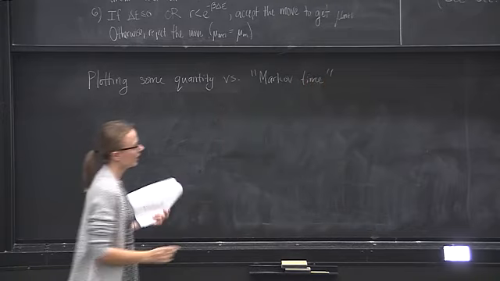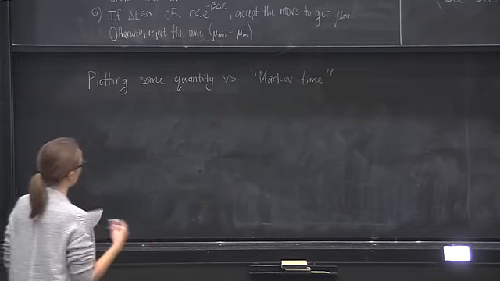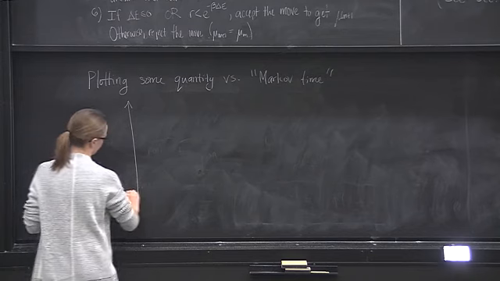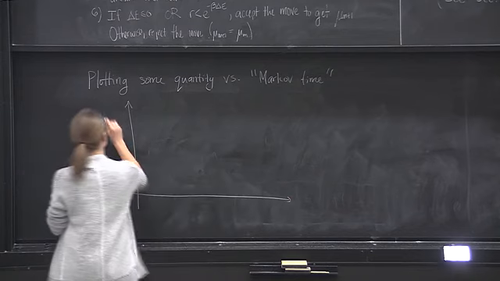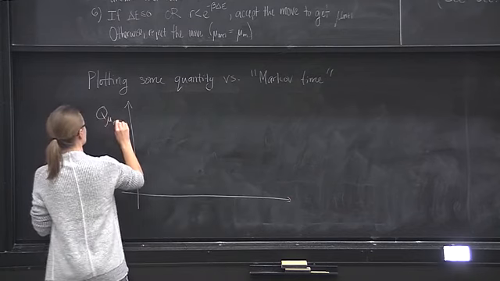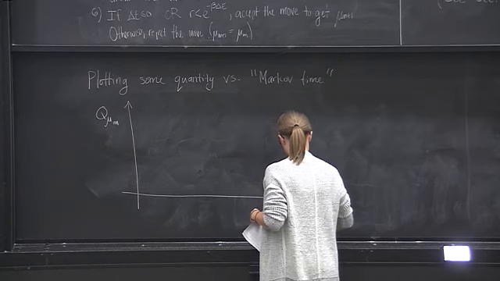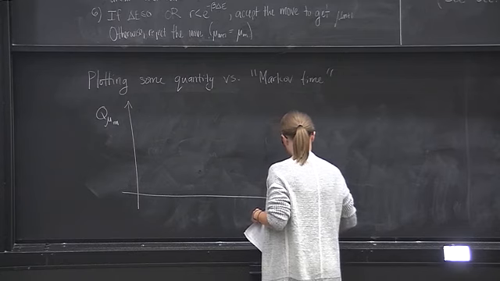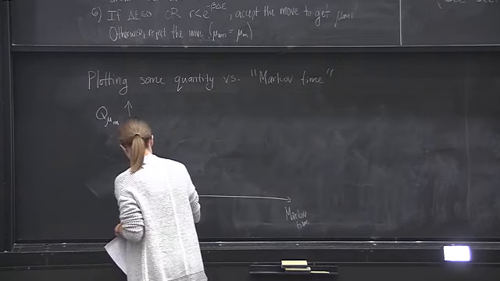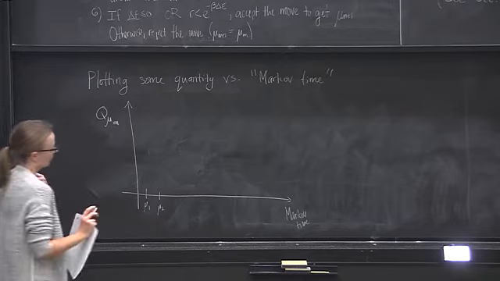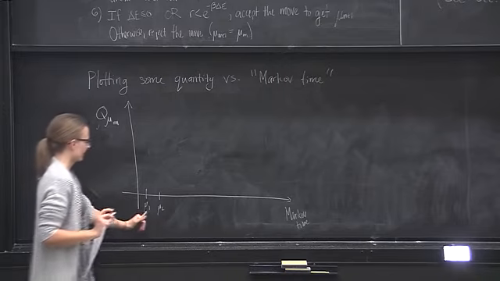So if I were to plot just the values I get from my quantity that I'm trying to measure in order, so what I mean by Markov time is just putting my samples in order.